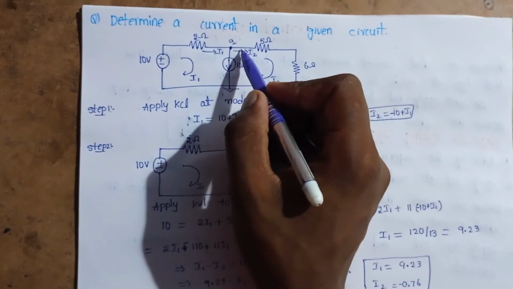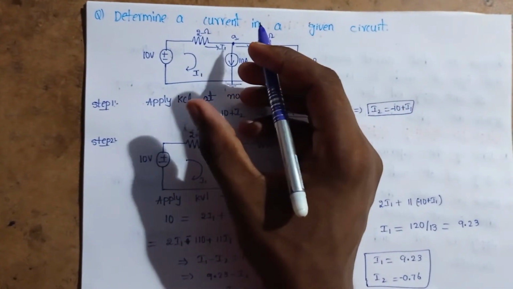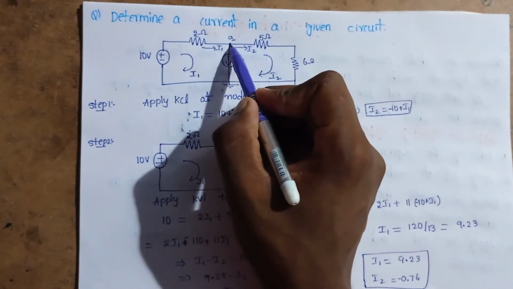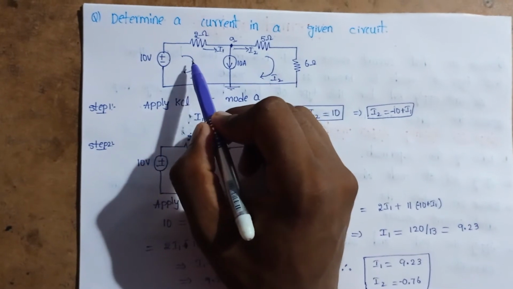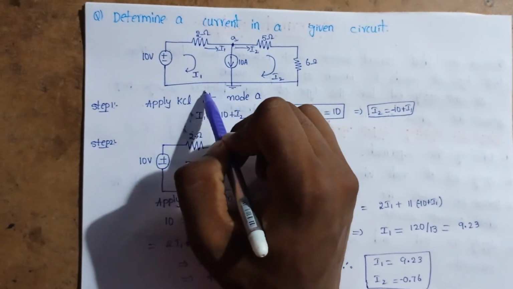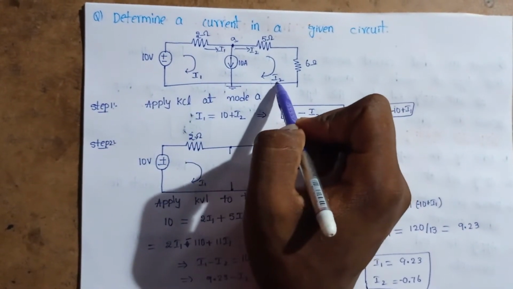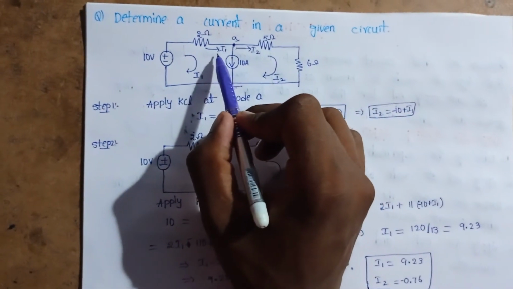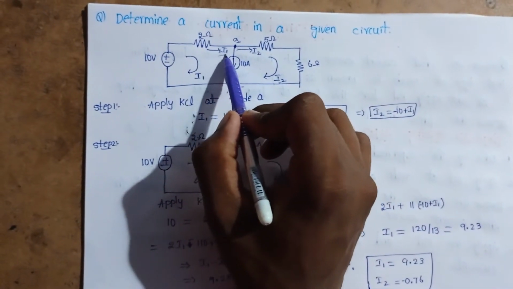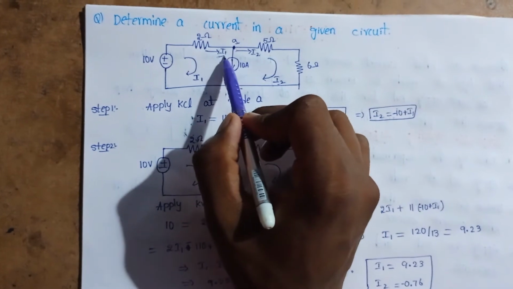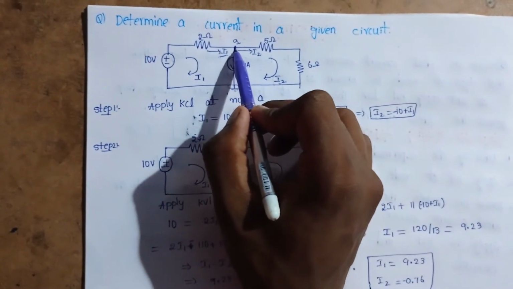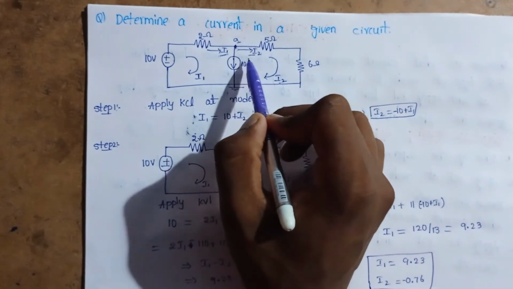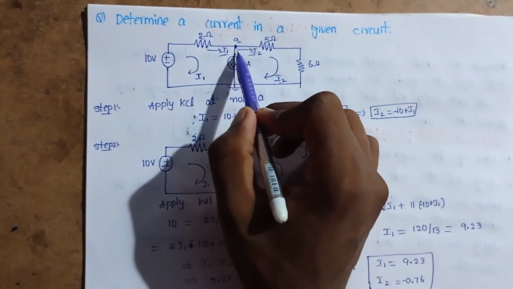KCL means the sum of currents approaching the node equals the sum of currents leaving the node. Here the current flowing through the first loop is I1 and the current flowing through the second loop is I2. The current approaching node A is I1, and the currents leaving node A are I2 and 10 amperes.